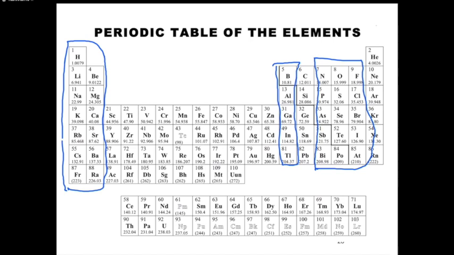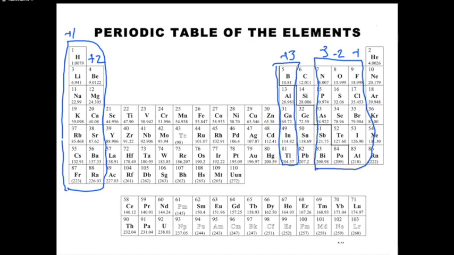And so we know some of these can, and we don't have to learn individual ones. We know families. Minus 1 for the halogens, minus 2 for the oxygen, minus 3 for the nitrogen, plus 1 for the alkali metals, plus 2 for the alkaline earth metals, plus 3 for the boron group. Now there's a whole big segment here right in the middle, and remember these were transition metals.